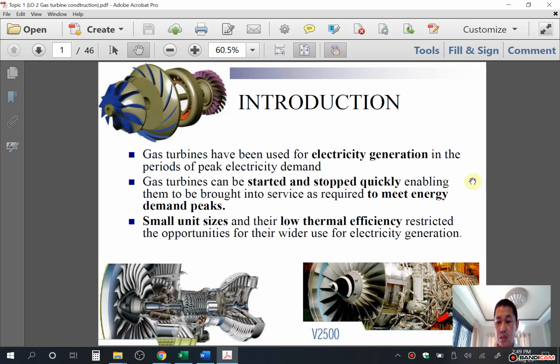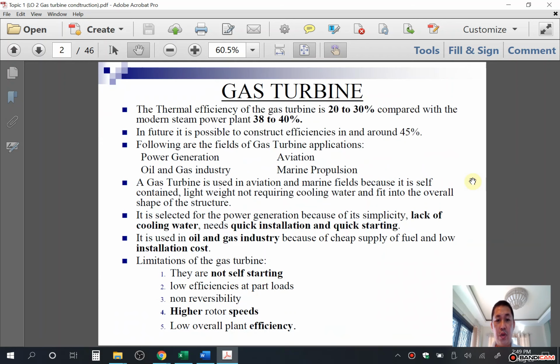I cannot scroll. So here we have the limitations of gas turbines: they are not self-starting, low efficiency at part loads, non-reversibility, high rotor speeds, low overall plant efficiency.